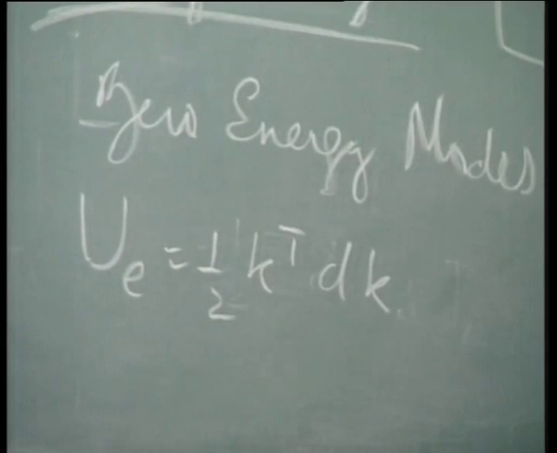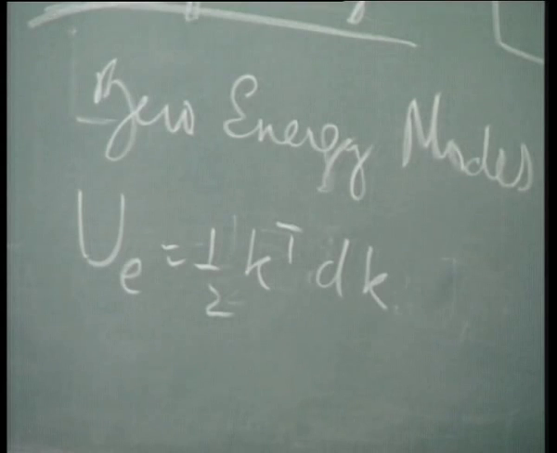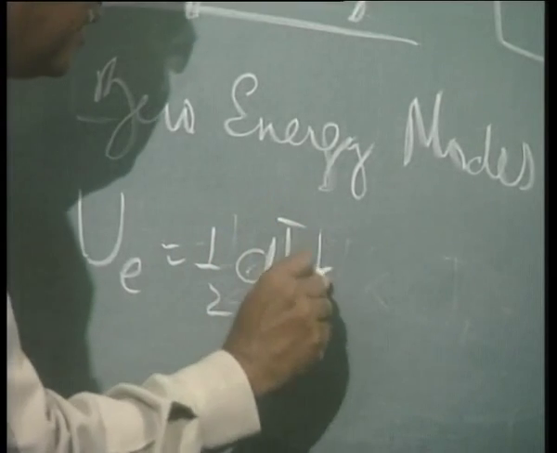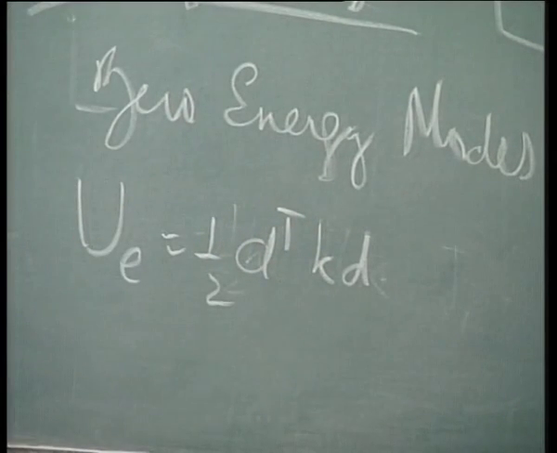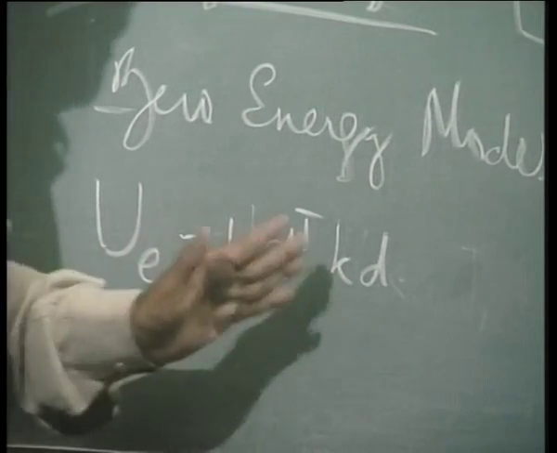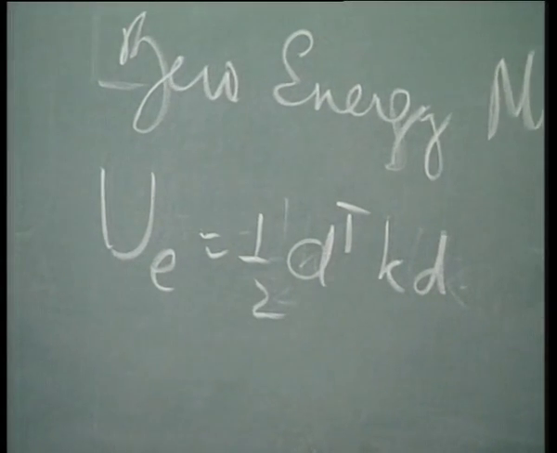Okay, half d transpose K d, sorry about that. Like half K d squared or half K u squared, so half d transpose K d.